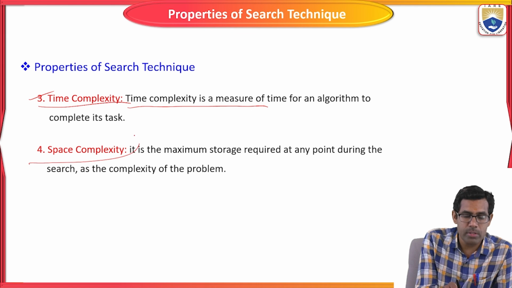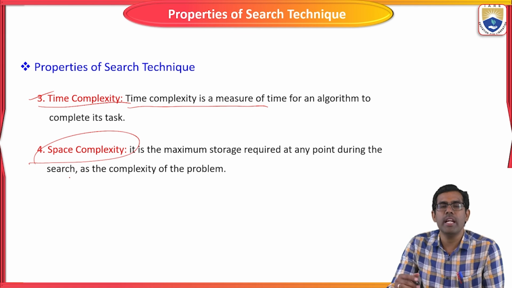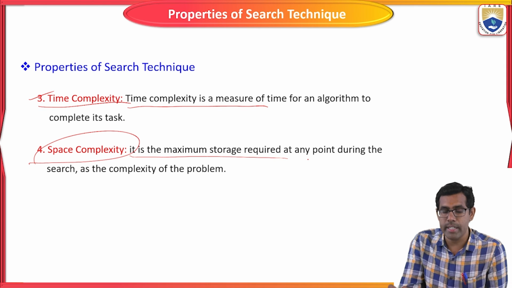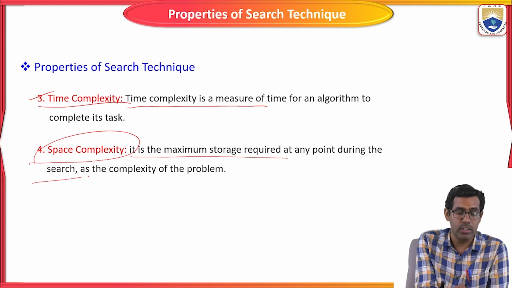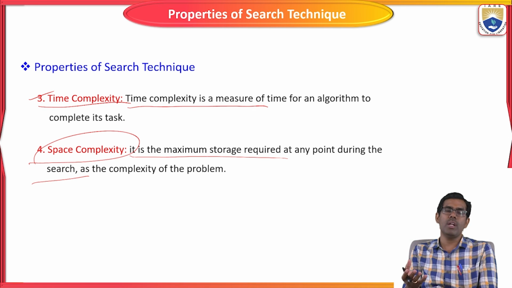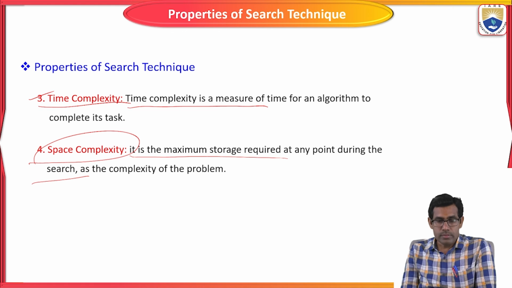The next one is space complexity. Space complexity is how much space, how much storage, how much memory is required to store all the gathered information or data. It is the maximum storage required at any point during the search. If we have a problem statement, we first define the problem, then take some search technique to solve it.